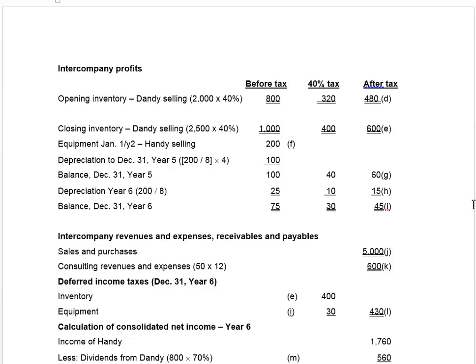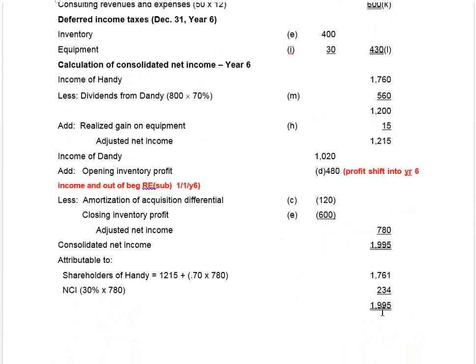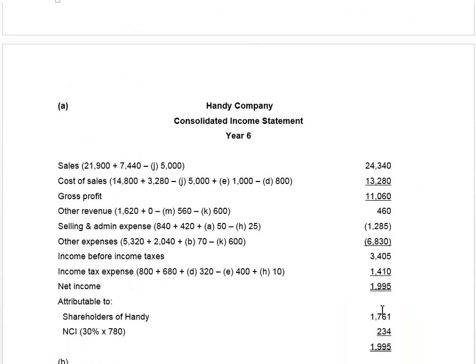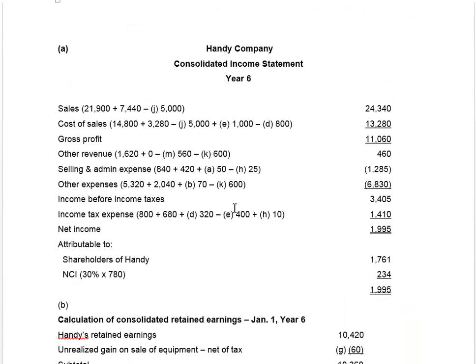The consolidated entity is going to take that, divided by 8, and take in $25 pre-tax into profit each year over the next 8 years. So we do that by decreasing the depreciation expense. And they told us in the question that it was part of the selling and admin. So that's going to give us expense of $1,285.